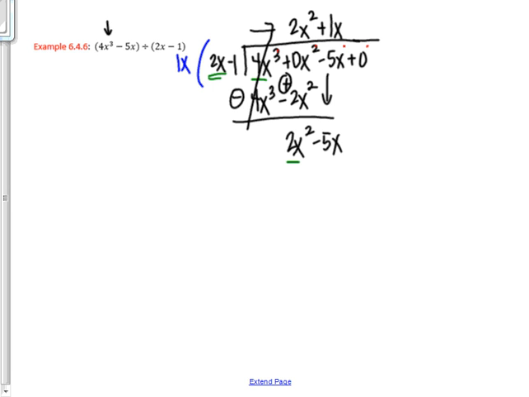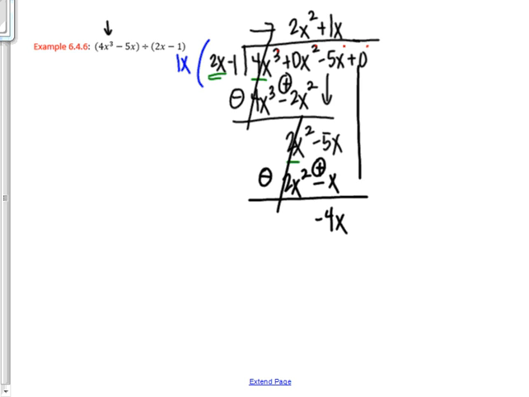So now let's distribute a 1x. 1x times 2x is 2x squared, and 1x times negative 1 is negative 1x. Draw a line, change your signs. Now I'm left with a negative 4x. Bring down my 0, and this will be my last time. How many times does 2 go into a negative 4?